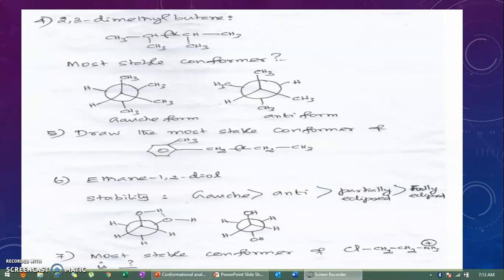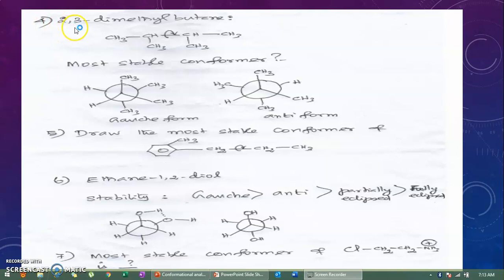Now I am going to show you some molecules, and I am going to show the method to identify the most stable conformers of these molecules, and this will definitely help you to find the most stable conformer for other molecules.